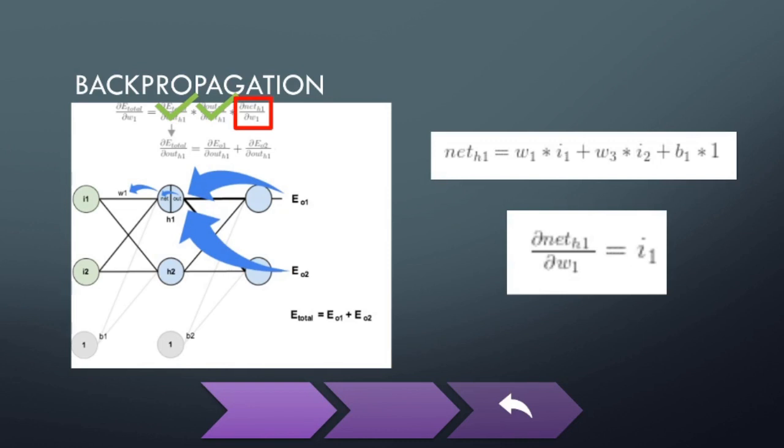The last partial derivative is similar to before again. The part that survived the partial derivative here is only the input 1. And we are done. We have our result for the partial derivative of E total for the weight 1.